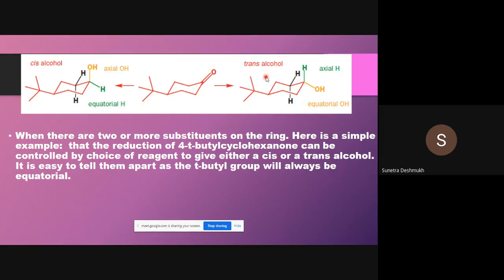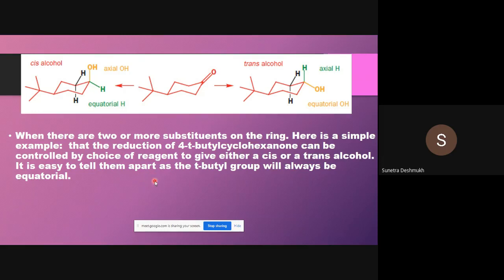Now the question is, after reduction of the cyclohexanone, how do we identify whether we got trans alcohol or cis alcohol? That we will identify with the help of NMR spectroscopy. When there are two or more substituents on the ring, here is a simple example: the reduction of 4-tertiary butyl cyclohexanone can be controlled by choice of reagent to give either a cis or a trans alcohol.